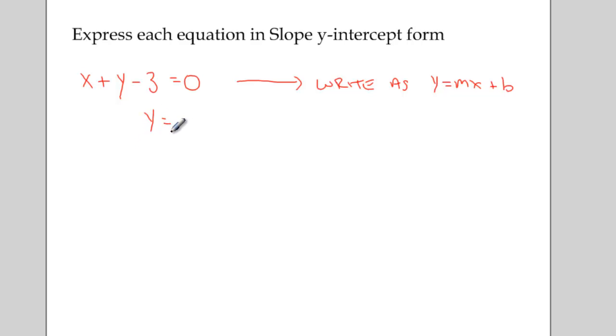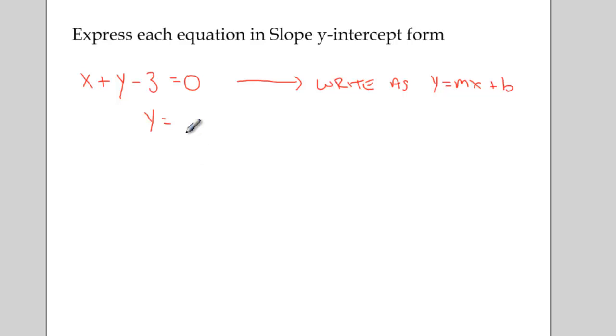Let's look at some different equations and see how we can rearrange equations in standard form to express them in slope y-intercept form. Expressing in slope y-intercept form means we want to write it as y equals mx plus b, which means I need to move everything that isn't the variable y over to the other side of the equal sign.